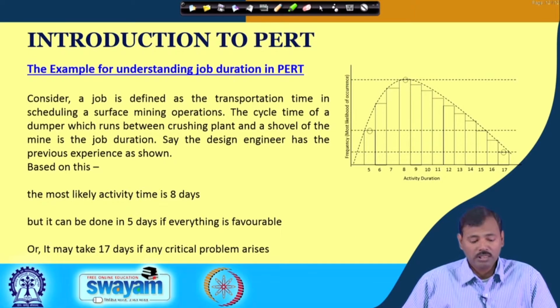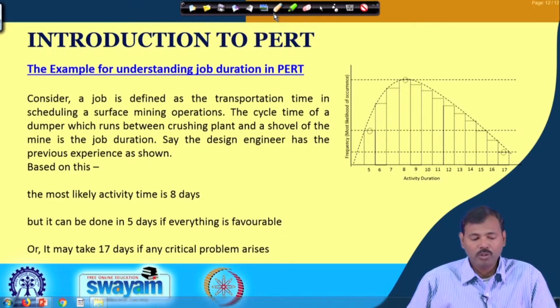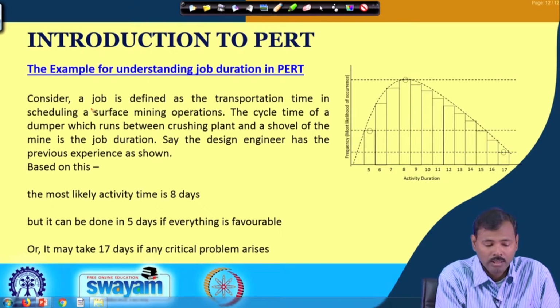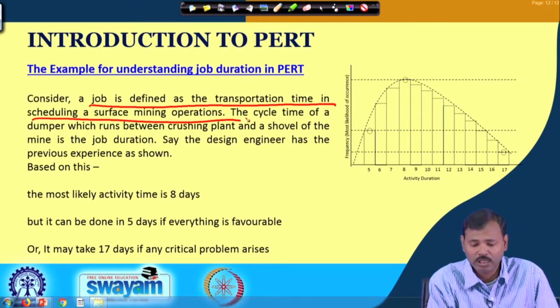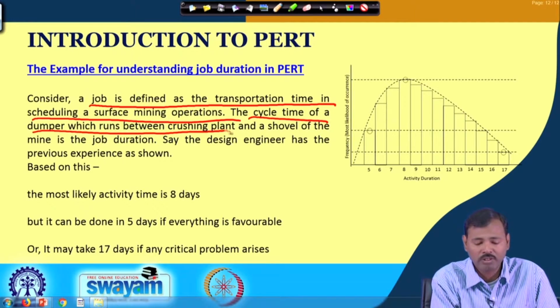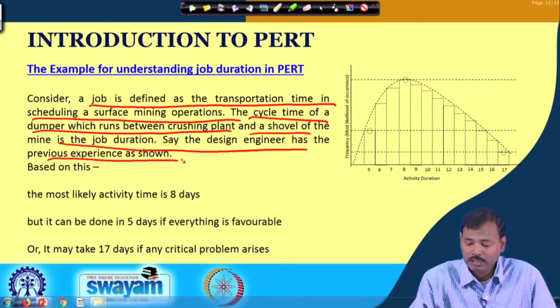Let me explain it a little bit more in a statistical form. Suppose we have considered a job, say transportation time, or in surface mining the cycle time of a dumper between a crusher and a shovel. Our experience is that it takes 5 minutes, 6 minutes, 7 minutes, 8 minutes, like that.